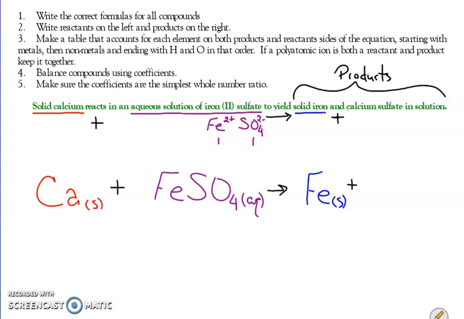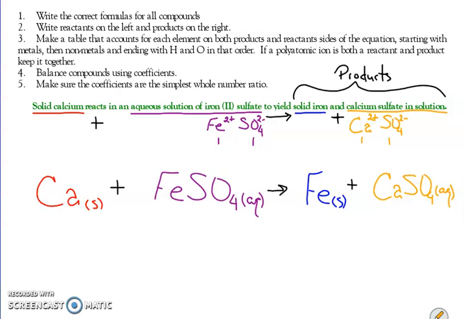So as an ion, calcium sulfate in solution, calcium is going to be the Ca2+ variety. We've already identified sulfate as the SO4 ion with the 2-. And again, we're going to have a 1-to-1 ratio, so the symbol will simply be CaSO4, and it says it's in solution, so we can assume that it's aqueous solution, since everything else was. And so now we have this equation, but it's not balanced.